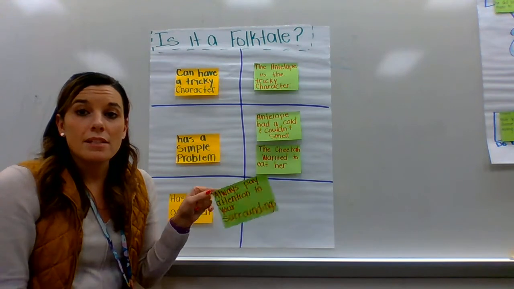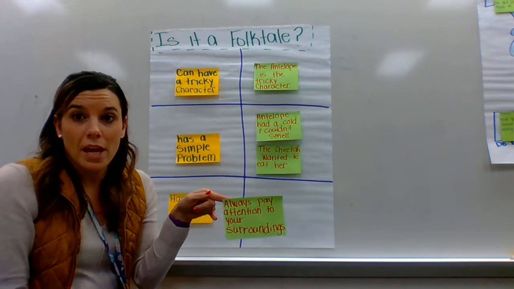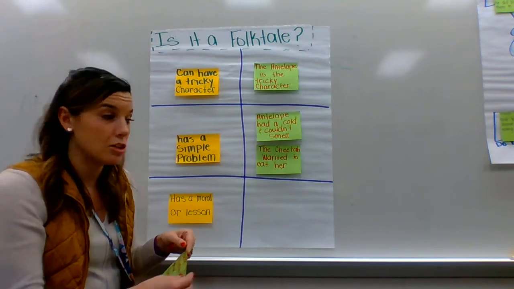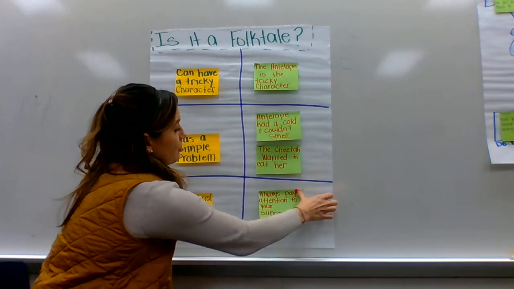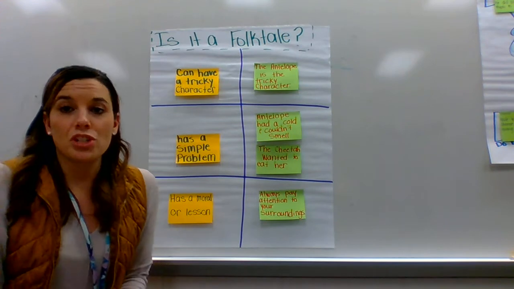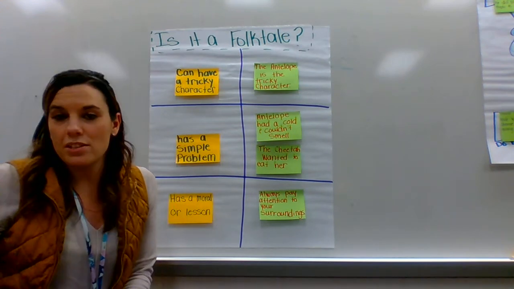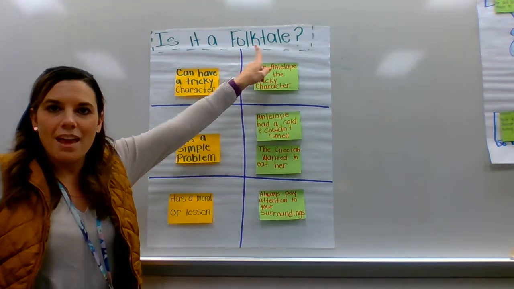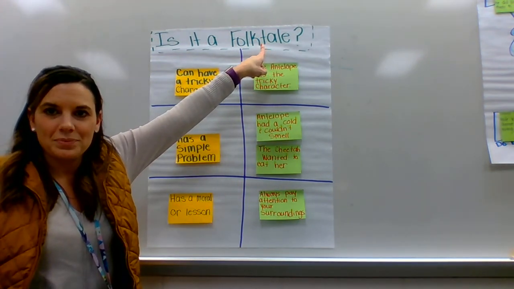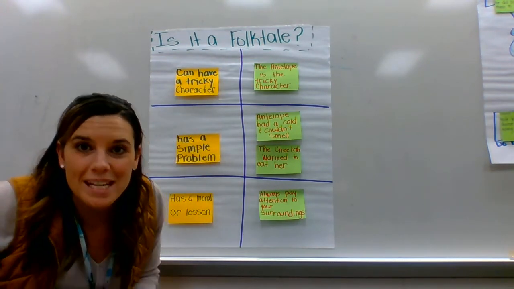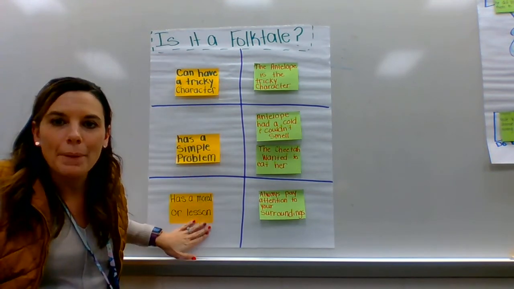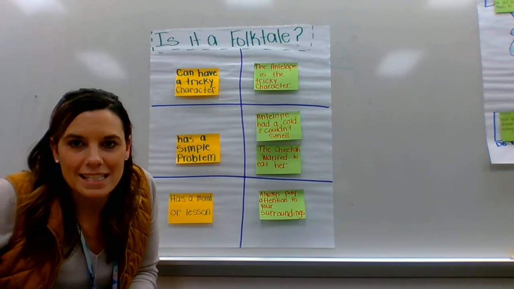So the moral is she should probably just always pay attention to her surroundings, right? So that way she knows when she's in danger. So after filling out this chart, do you think this story, how Antelope outsmarted Cheetah, is a folk tale? It is a folk tale because it has a tricky character, has a simple problem, has a moral, and a lesson.